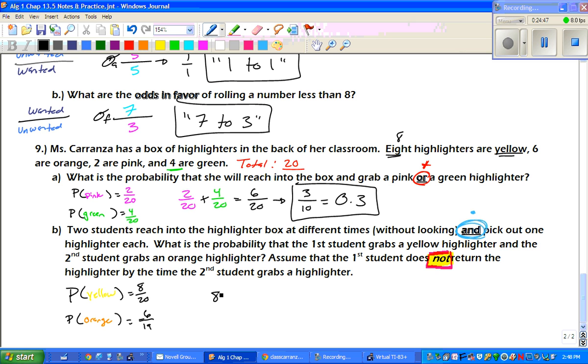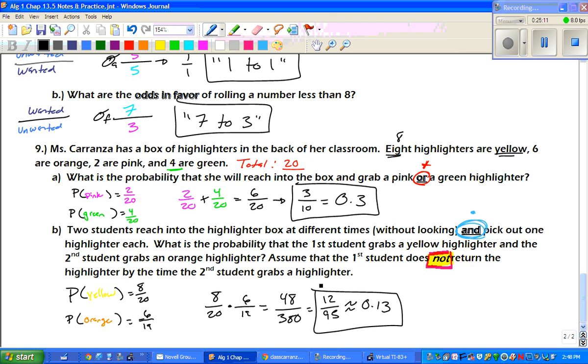So 8 over 20, remember that and means to multiply. 8 times 6 is 48. 20 times 19 is 380. And then always reduce your fraction. When you divide that out and round it to the second decimal, you should get 0.13.